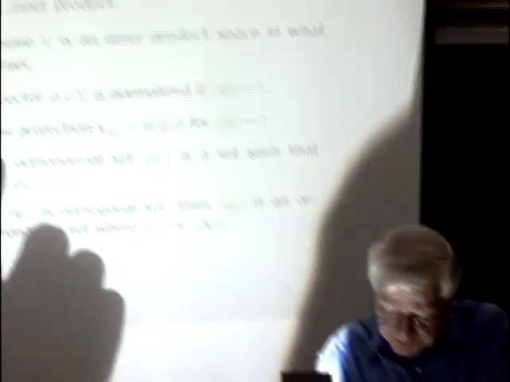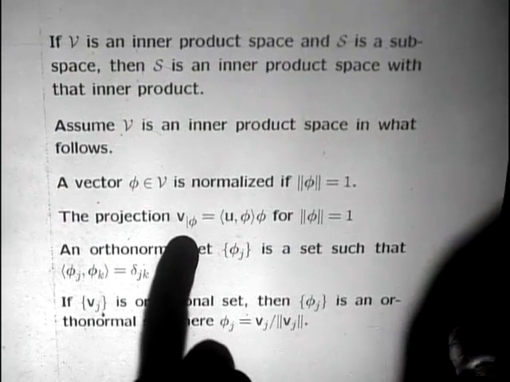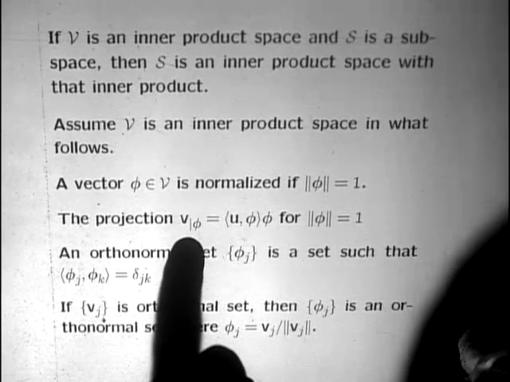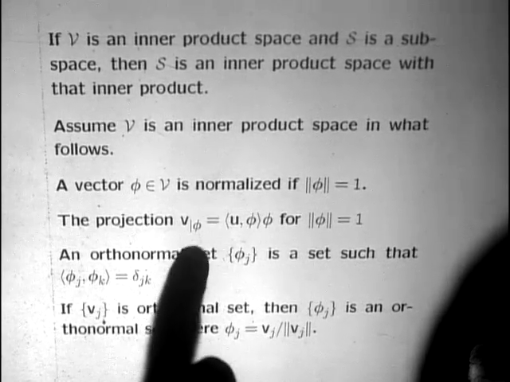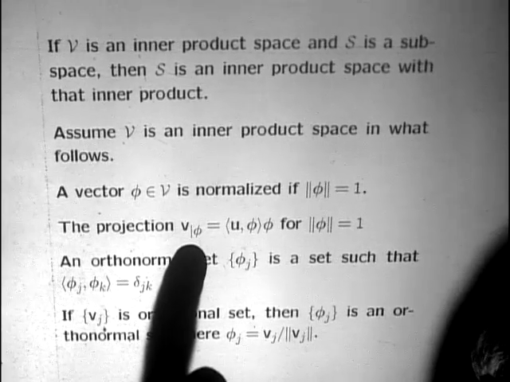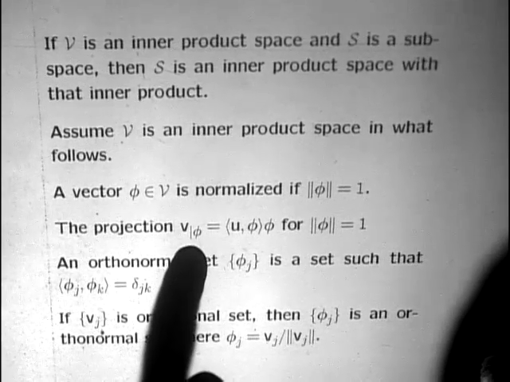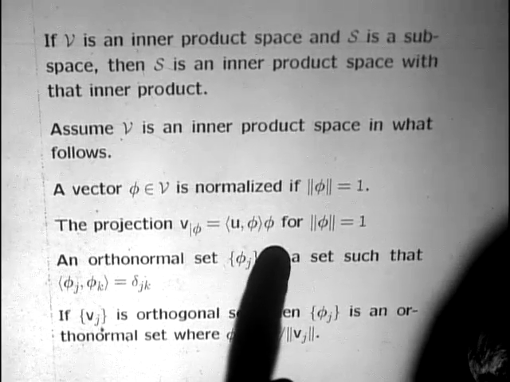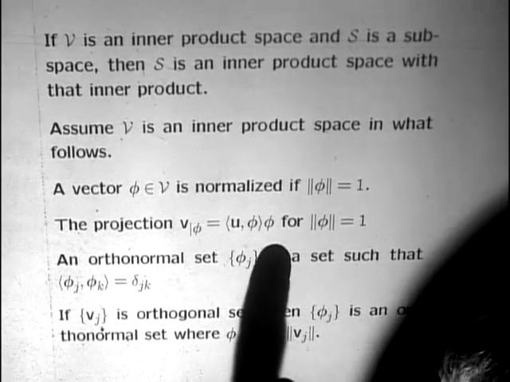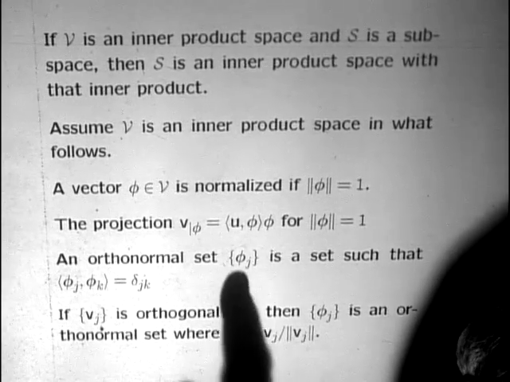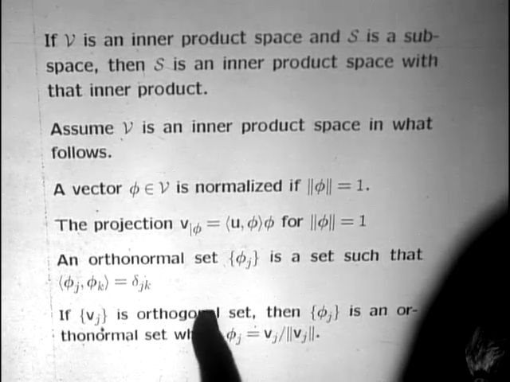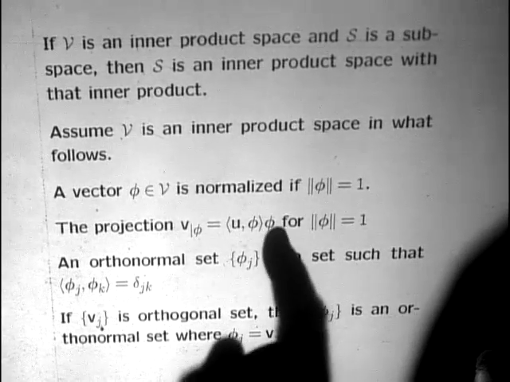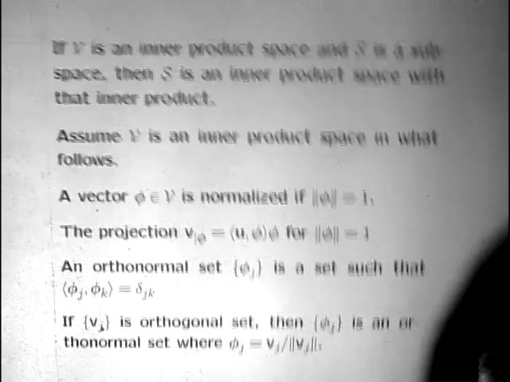Okay? So the projection theorem, and all I need here is a one-dimensional projection theorem, says that the projection of u in the direction of this vector phi is equal to the inner product of u with phi times phi. That's what we said. As soon as we normalized these vectors, that ugly denominator disappeared because the norm of phi is equal to 1.